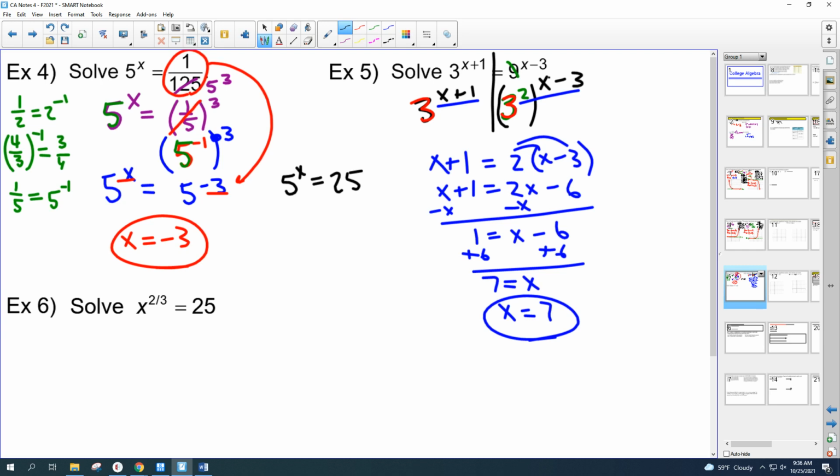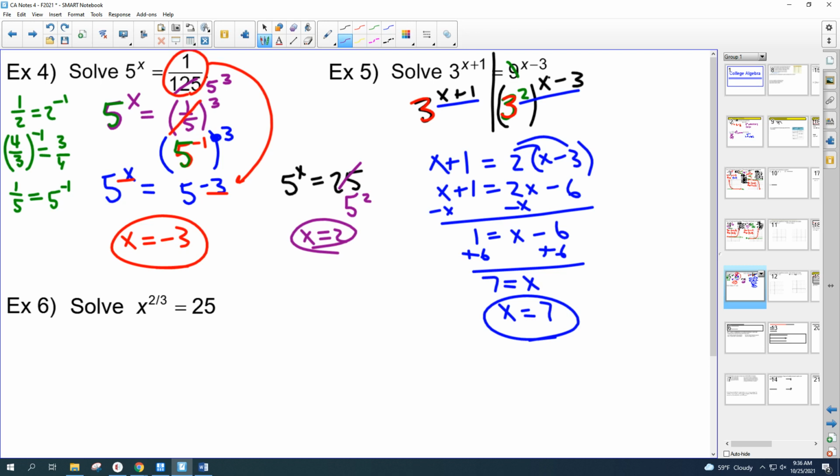One way to do this problem is to say, well, I know I can change 25 into a power of 5. What is 25 written as a power of 5? 5 squared, right? So that means x must equal 2. That's the answer to this. x must equal 2 in order to make that 25. That's all I'm trying to do.